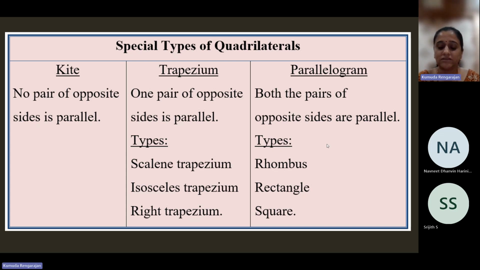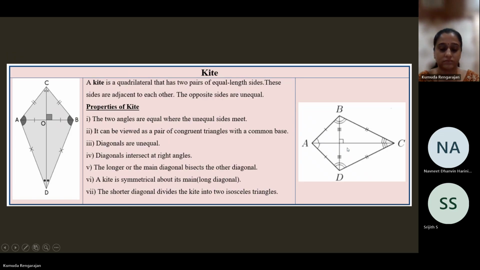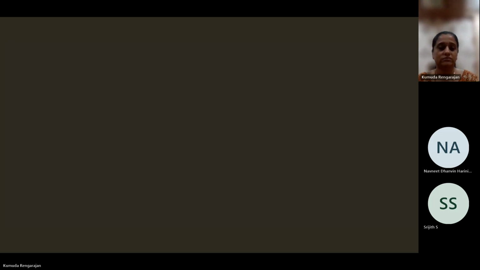Now let's learn the properties of each of these special quadrilaterals in detail. Are we ready? Yes, ma'am. Okay, good.